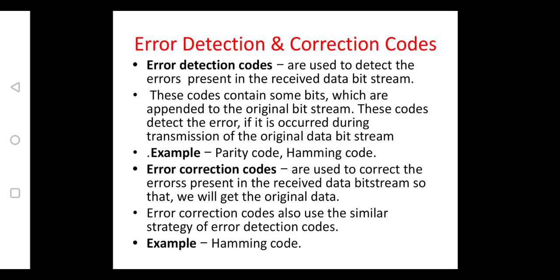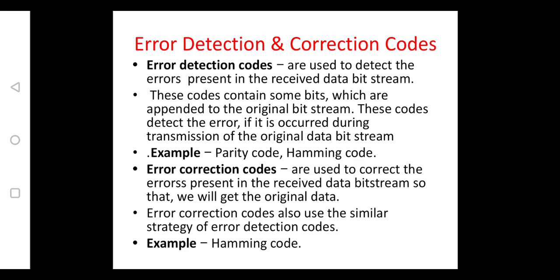The name itself indicates error detection, means this is the code which is used to find out whether the error is present or not. The examples for the error detection are parity code and Hamming code.